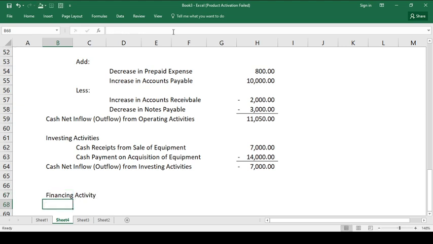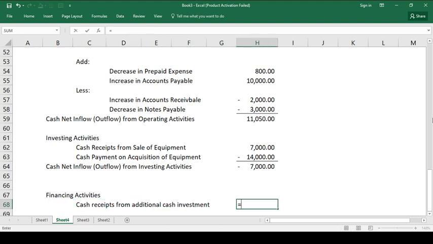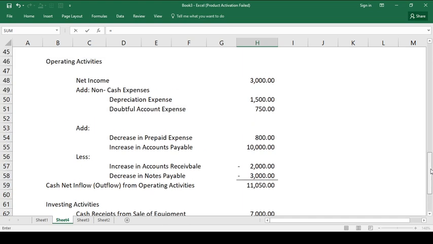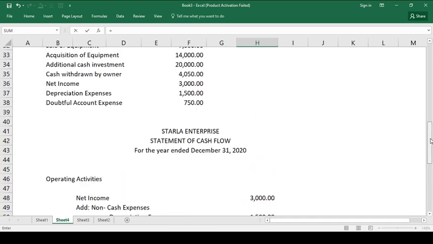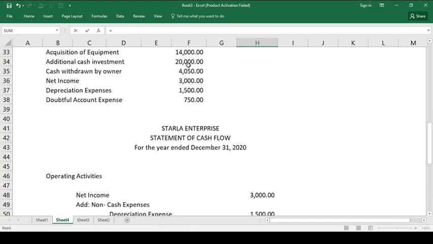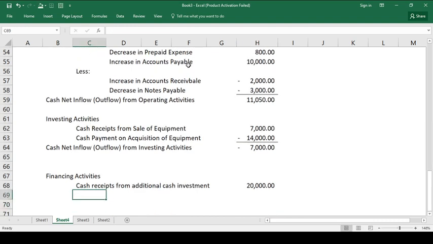Okay. From the financing activities, we just provide the cash receipts from additional investment, from additional cash investment, to be particular, no? Based on the problem, the owner invested additional cash amounting to 20,000 pesos. So, yon. And then, cash withdrawal.